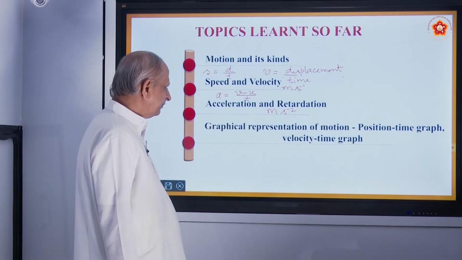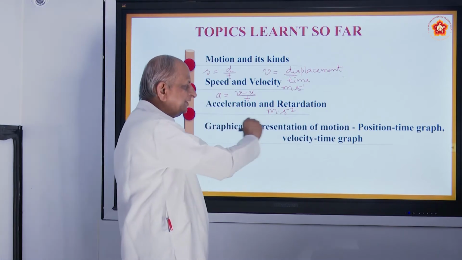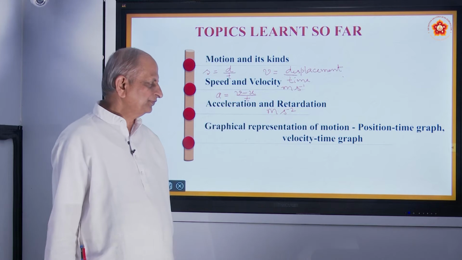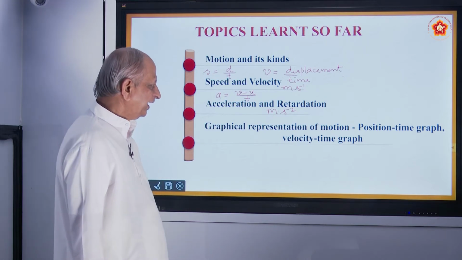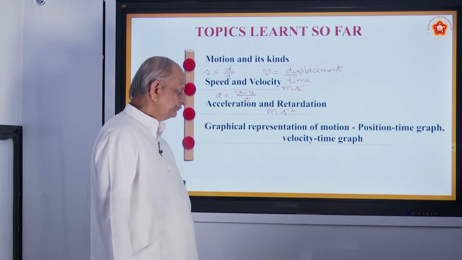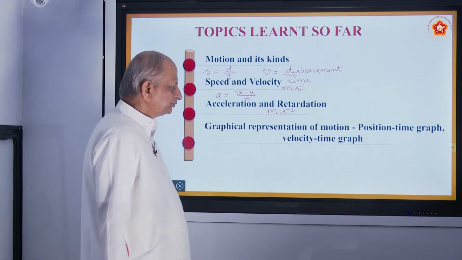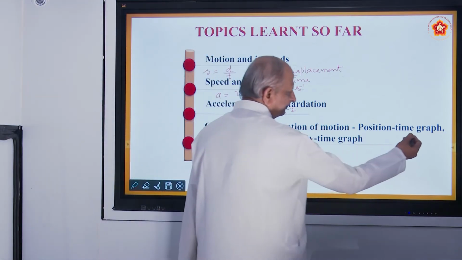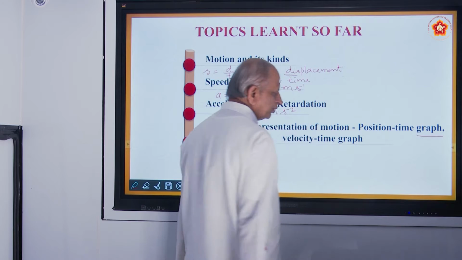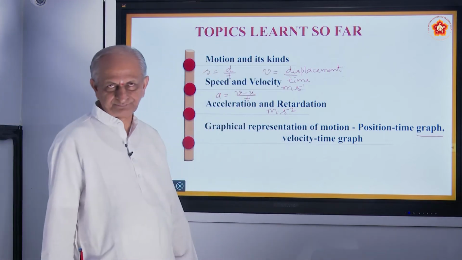And also you have studied about the graphical representation of motion, what is called the position time graph, velocity time graph. So a graph is a representation of motion in an easier way.